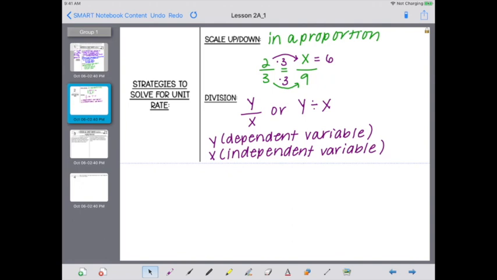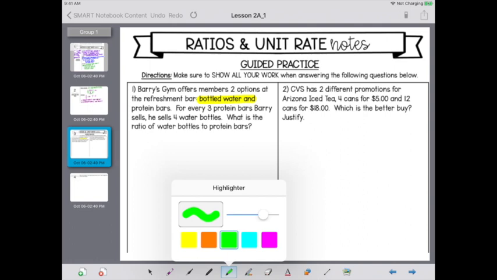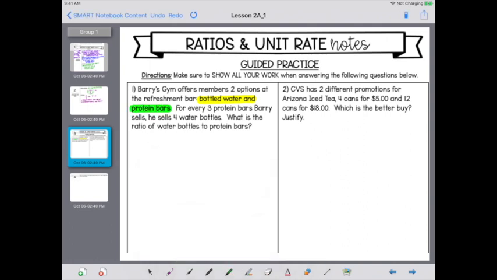Let's try the first example. So here we have the first question. Barry's gym offers members 2 options for the refreshment bar: bottles of water and protein bars. For every 3 protein bars, Barry sells 4 water bottles. So we need to write the ratio of water bottles to protein bars.